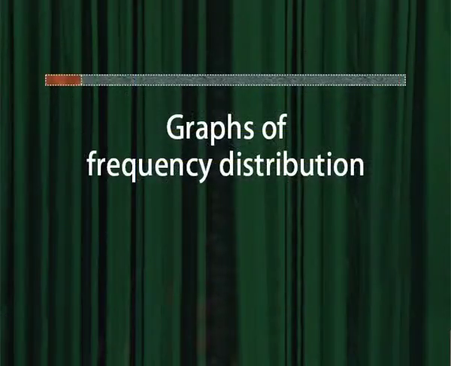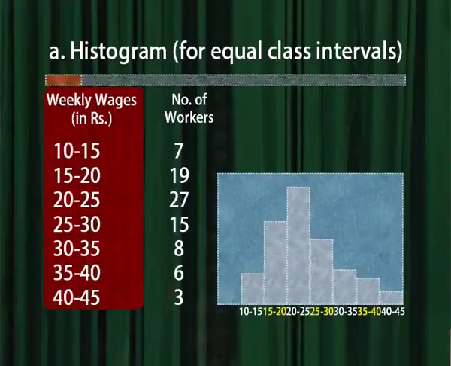Now, we shall discuss the graphs of frequency distribution. The most popular and the most common graph is the histogram. Histograms are used for continuous type of data, when our frequency distribution is continuous in nature, as given in this example.